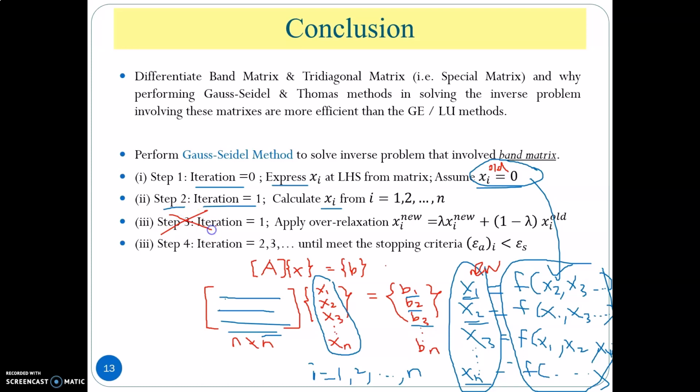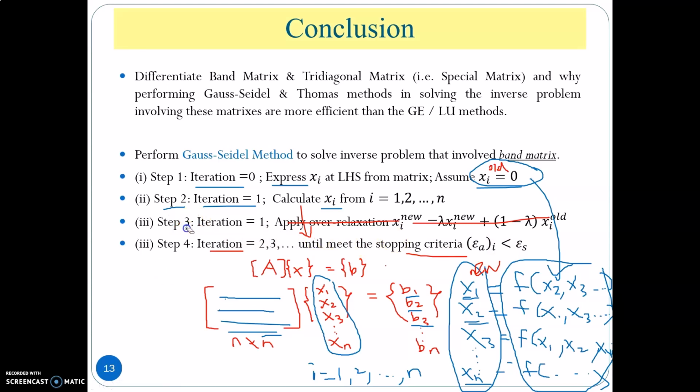Step 3 is optional, means that you can choose to apply this equation or not. If let's say you don't want to apply this, you can continue with the next iteration and so on until you meet the stopping criteria. However, in some problems, it might take a long iteration to meet the stopping criteria. For example, it takes 1000 iterations, only it stops.